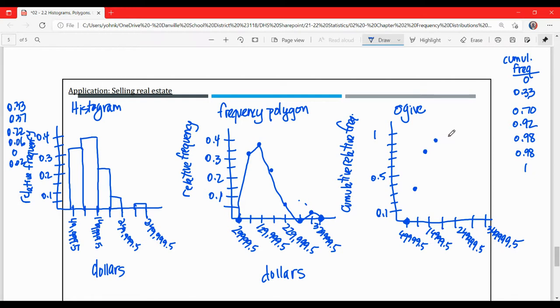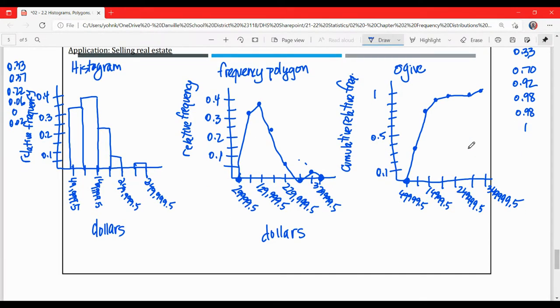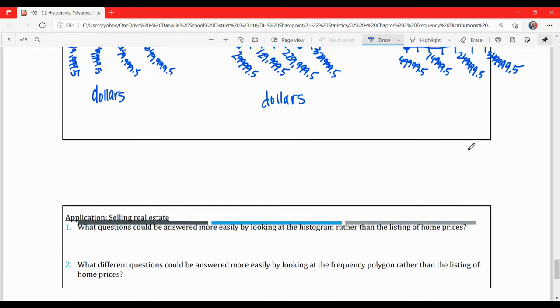And then up to 0.98, and then it stays 0.98, and then it goes up to 1. All right. That was super fun. Okay, so that's how to draw a histogram, frequency polygon, and ogive with really complicated data.